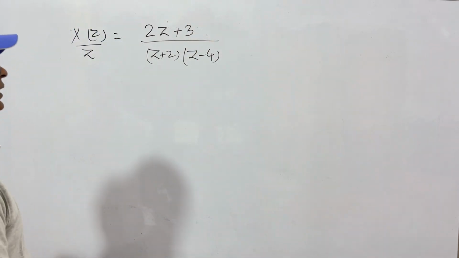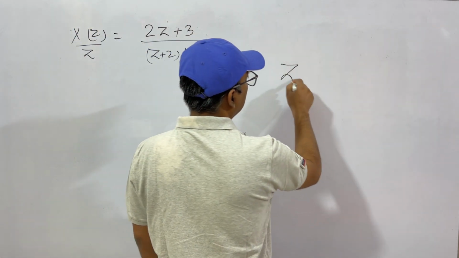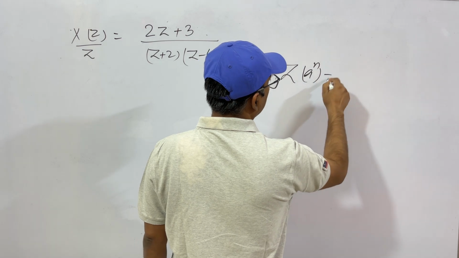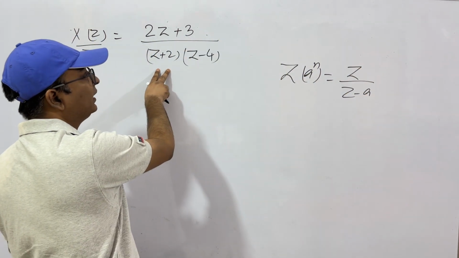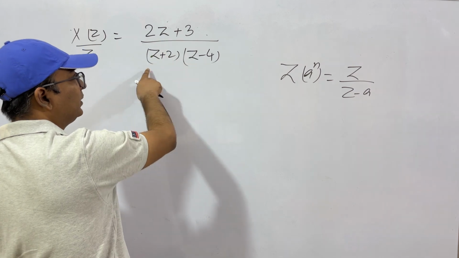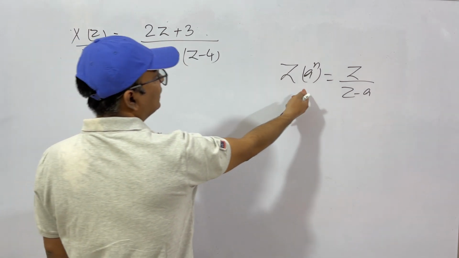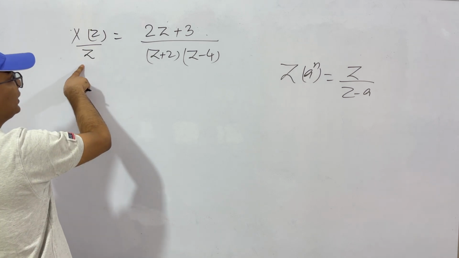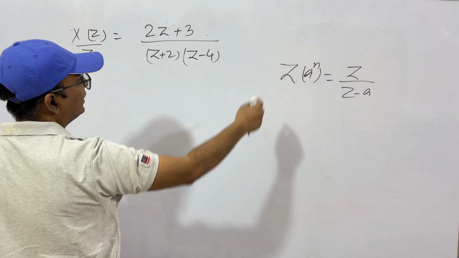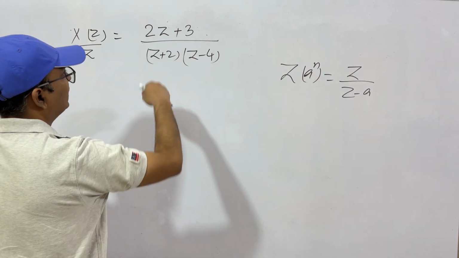Okay. Why? I'll tell you why. You know that the z transform of a to the power n is z by z minus a. Now you understand, if we have a function as z by this, we can take the inverse as a to the power n.